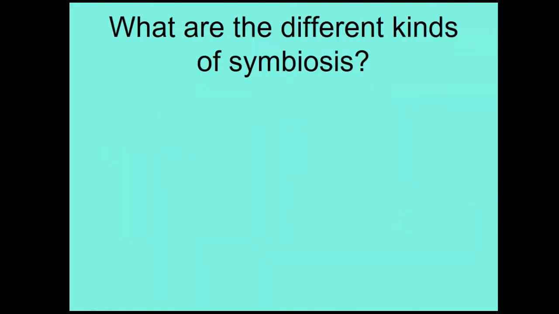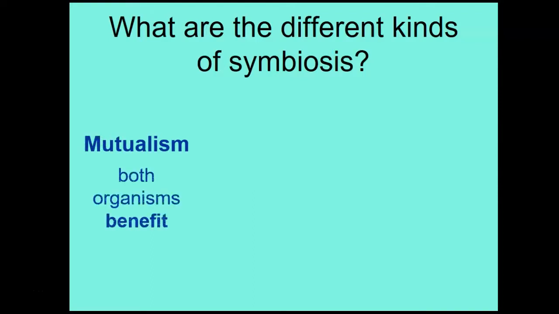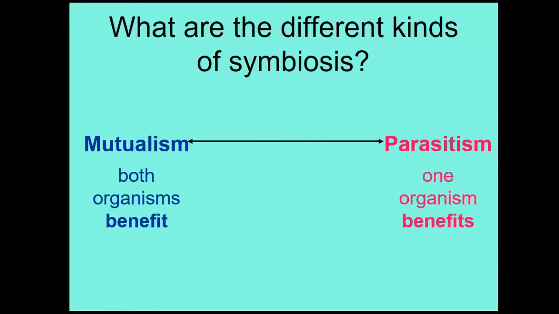Okay, so let's look at the different kinds of symbiosis. They talked about it in the video. The first type is mutualism, where both of these organisms are going to benefit. Then you have parasitism, where one organism benefits, but the other organism is harmed.